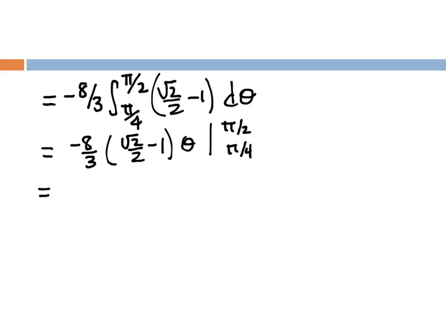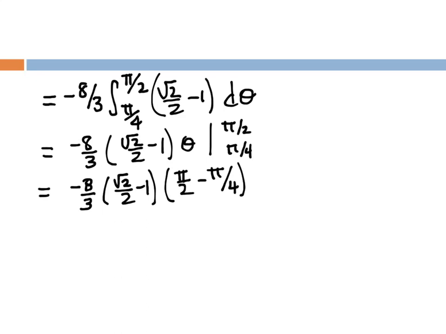Now the reality is, since we're plugging in pi over 2 and pi over 4 and it's just multiplied by theta, we end up with just the difference between the two. This piece stays the same, and then we plug in pi over 2 and pi over 4 and get theta times pi over 2 minus pi over 4, which ends up being pi over 4.